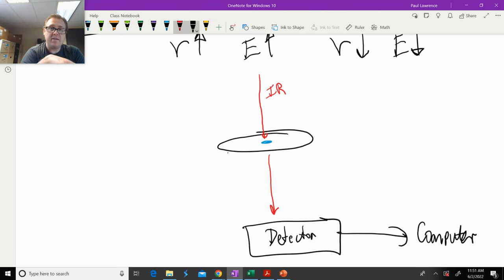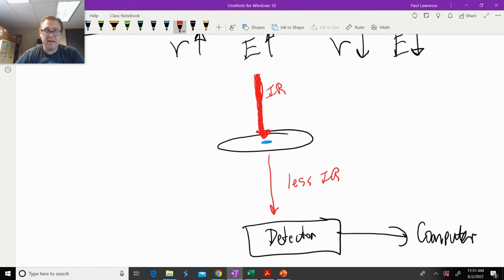So what typically happens is that we know the frequency of IR radiation that we are zapping our sample with. I'm drawing this as a thick arrow because we are going to zap it with a lot of light. And we know that frequency. And that light is going to hit our sample, travel through the sample, and then we are going to get less IR radiation hitting the detector.